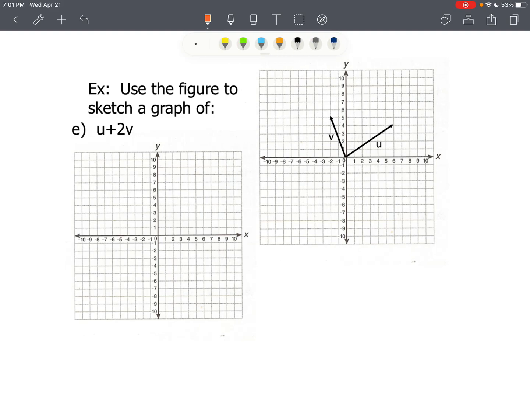Okay, welcome back. We've got u plus 2v. So the first thing I'm going to do is draw 2v. So 2v is going to go left 2 up 5, and then it's going to go left 2 up 5 again.